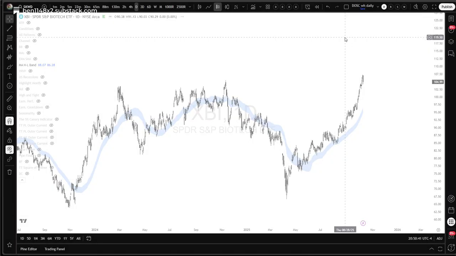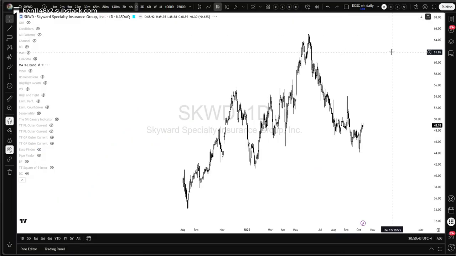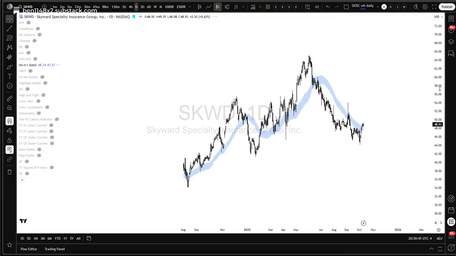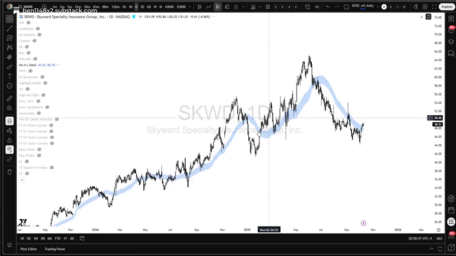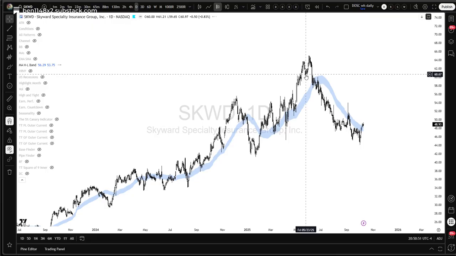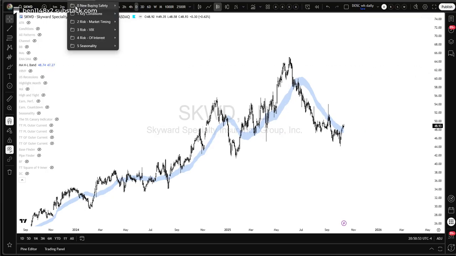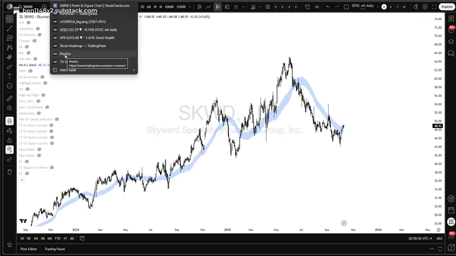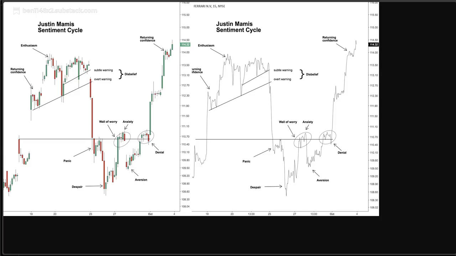This is an insurance company. This has had some pretty nice runs in the past. We see we've had these really big bullish moves upward. We've got this failure here now. That failed breakout, or this top that we see over here, looks exactly like the Justin Mamis sentiment cycle.